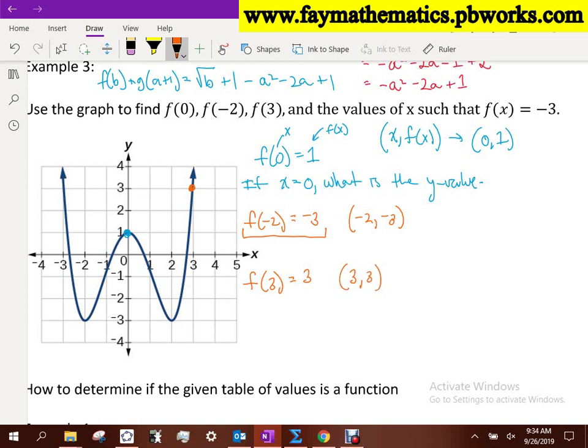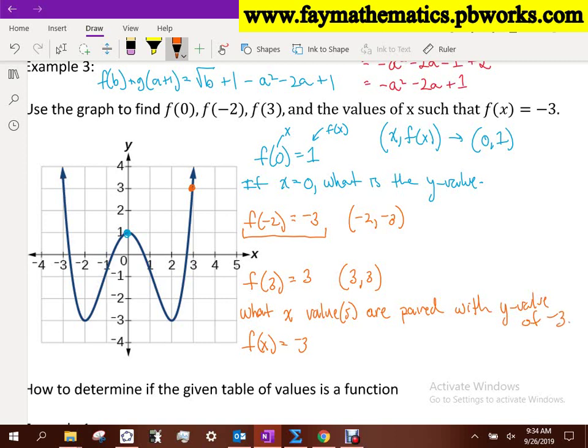Now, the next part of this question is a little bit different. When I write f of x equals negative 3, it is saying, what x values, or plural, are paired with a y value of negative 3?